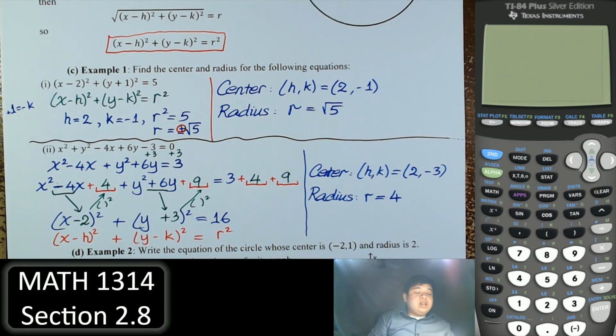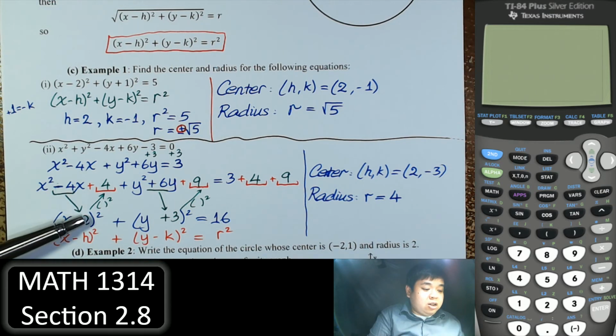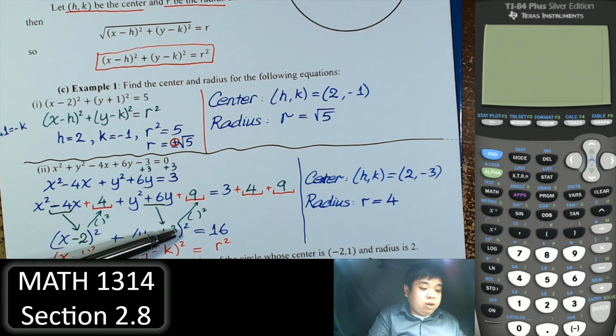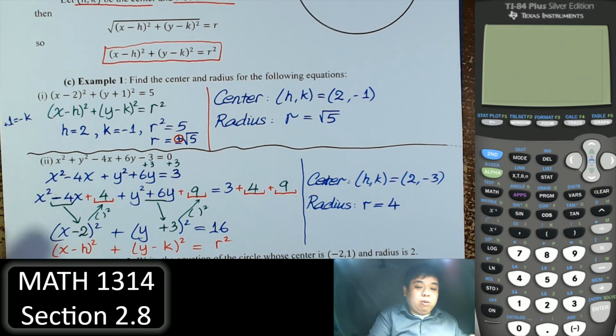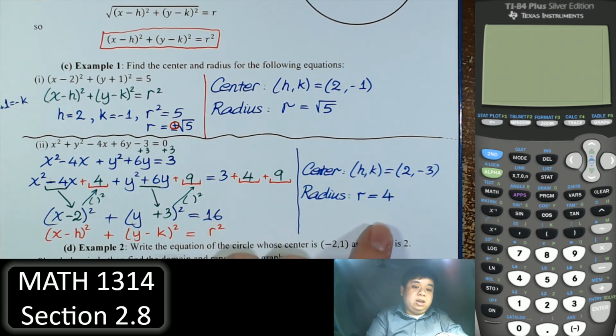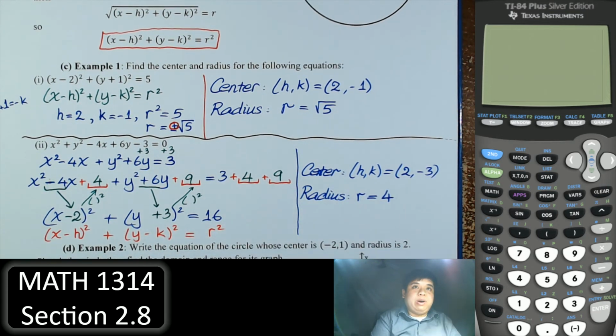So the radius is equal to 4, and the center is at 2 and negative 3.